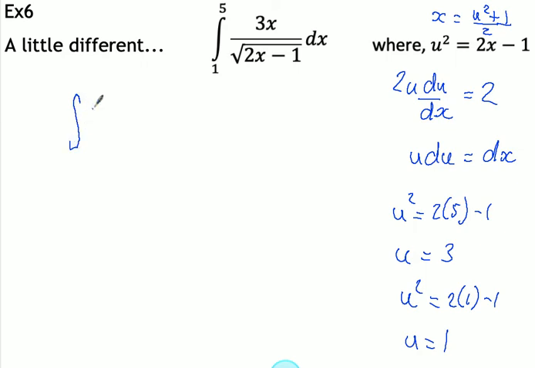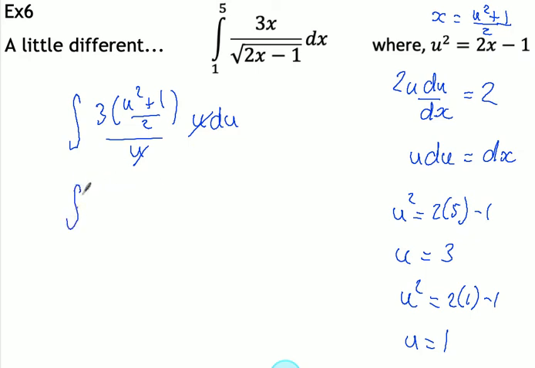So let's integrate. Blimey, should we have a look at this then? 3x, so that is 3 lots of u squared add 1 over 2, all over, if that is u squared, the square root of u squared is just u, and then u du, so the u's cancel each other out.